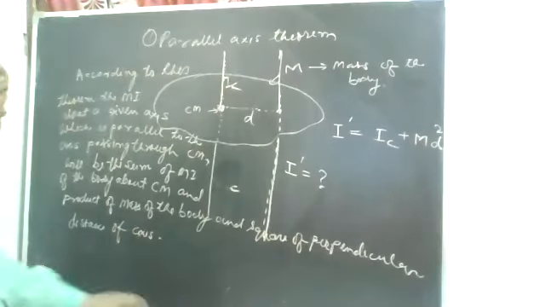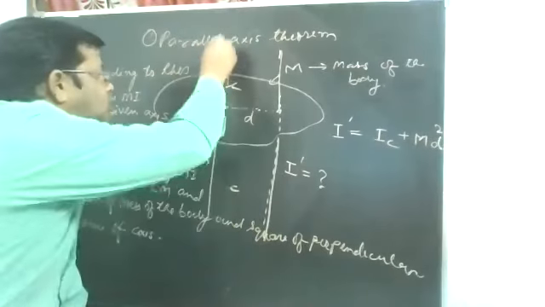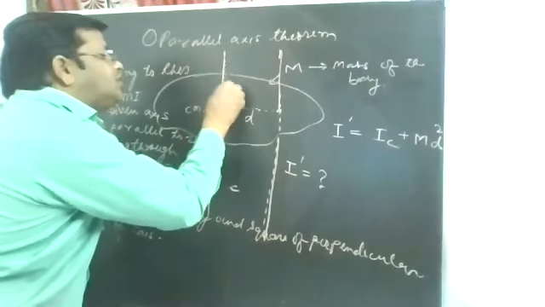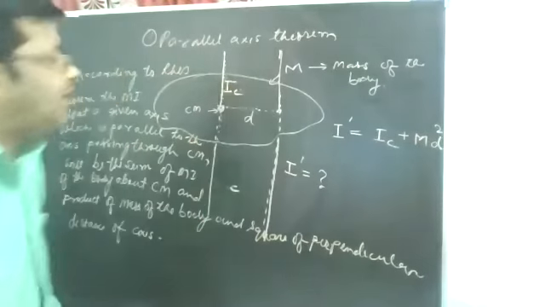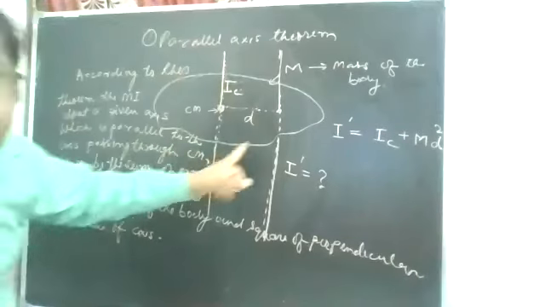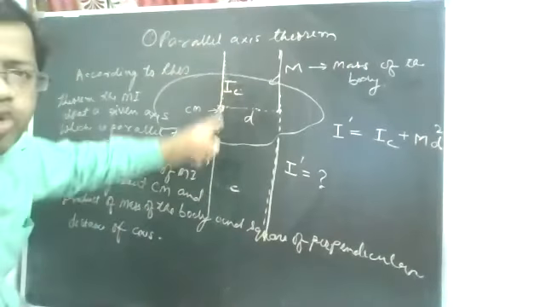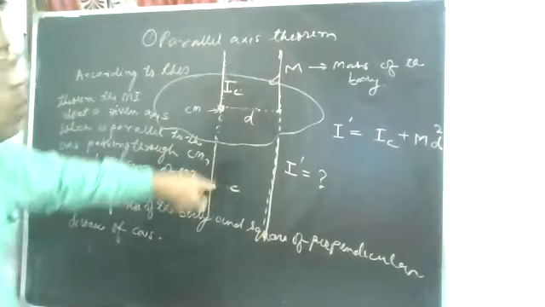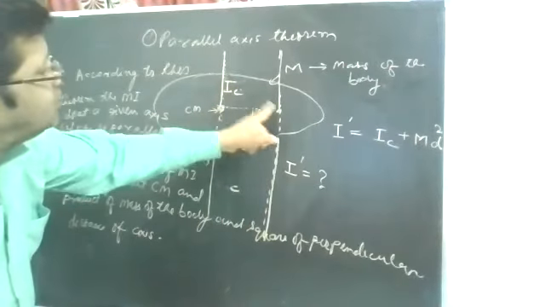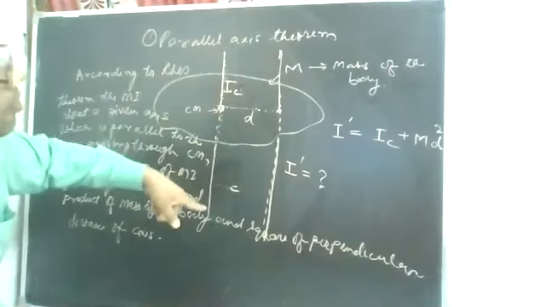Now, let us try to understand this one. This is the axis passing through the center of mass, and the moment of inertia of this body about this axis is known. Now there is an axis parallel to it.